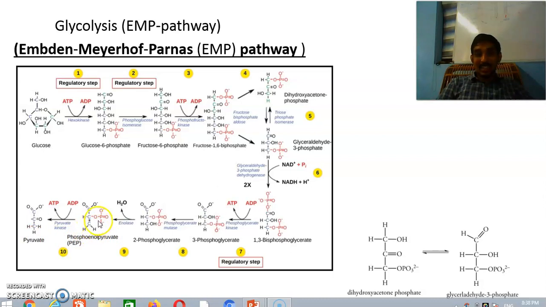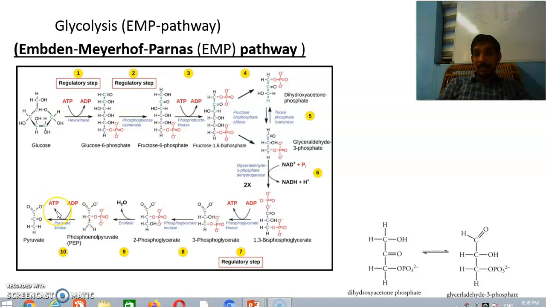So here this phosphate molecule gets released. Two molecules of 2-phosphoenol pyruvate are converted into pyruvate by releasing 2 phosphates. Those 2 phosphates get utilized by 2 ADP. So here the reaction is 2 ADP plus 2 released phosphates to form 2 ATP.